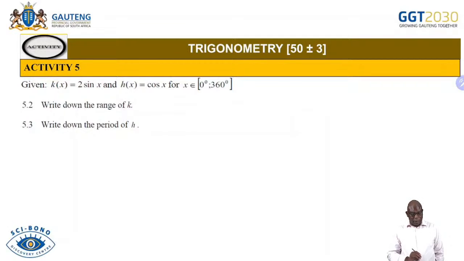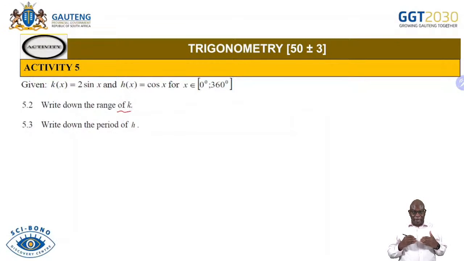Given those two graphs again, write down the range of K. So the range is how high the graph is, and how low the graph is. That is the range. The amplitude will be 2, but the range, don't confuse the range with the amplitude. The amplitude is the distance between the x-axis and the graph there.